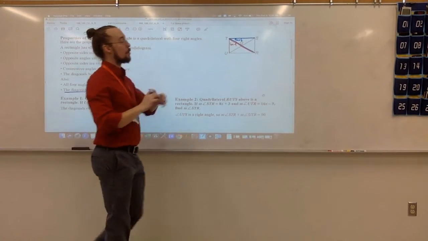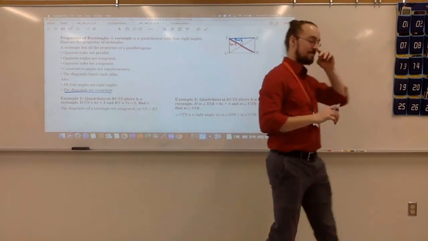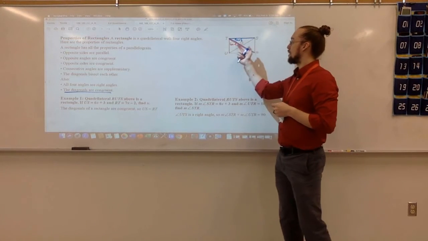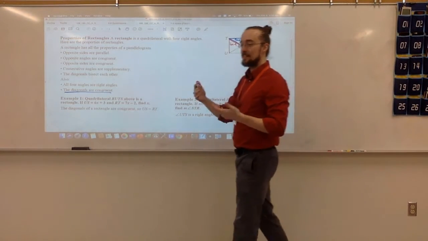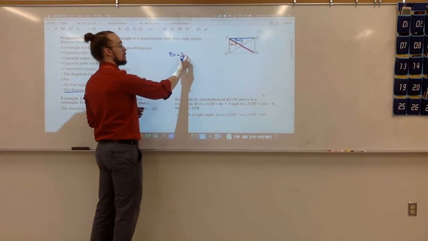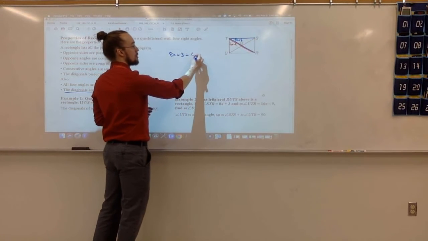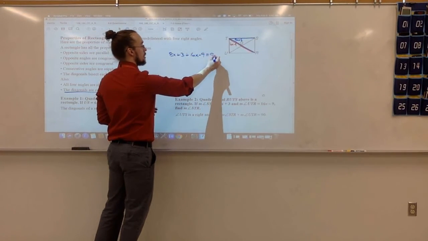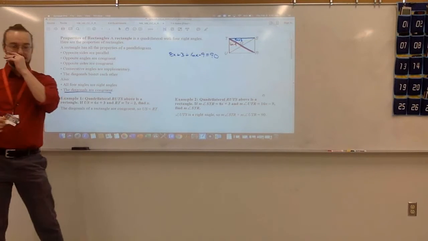So what we can do here is add these two angles together and set that equal to 90. So 8x plus 3 plus 16x minus 9 equals 90.